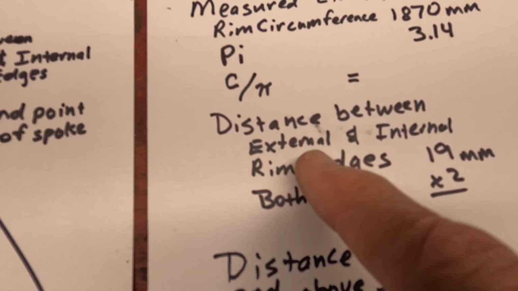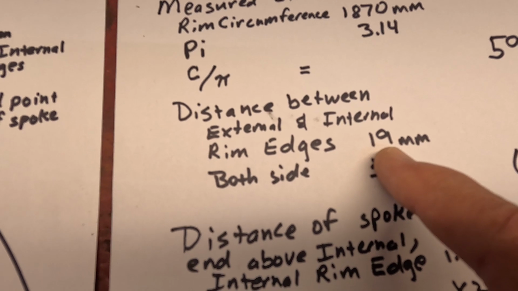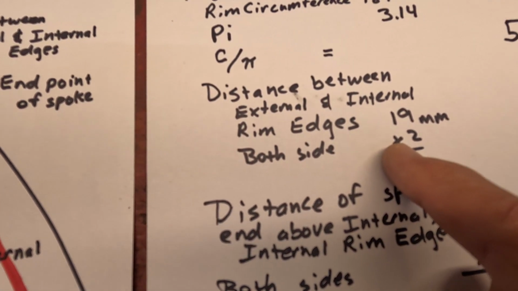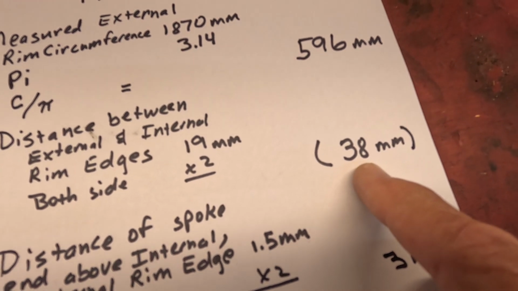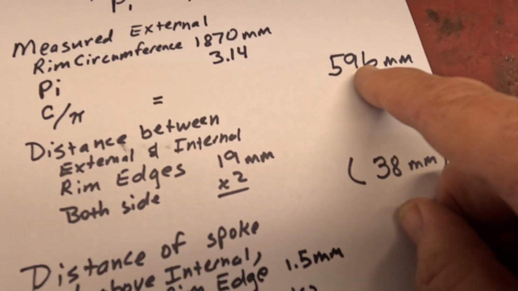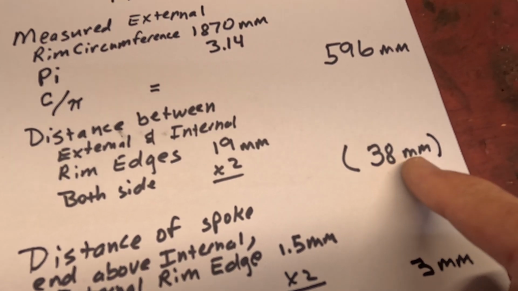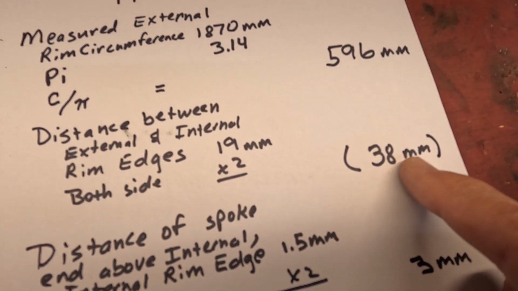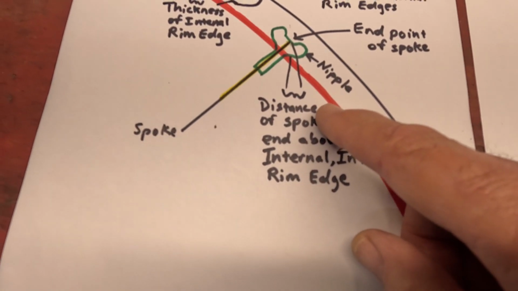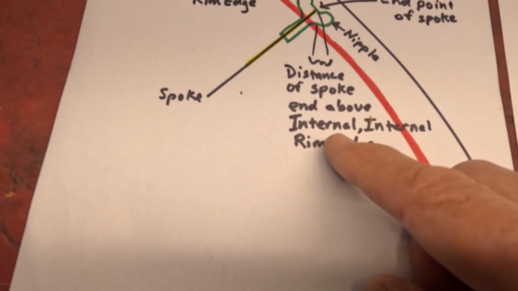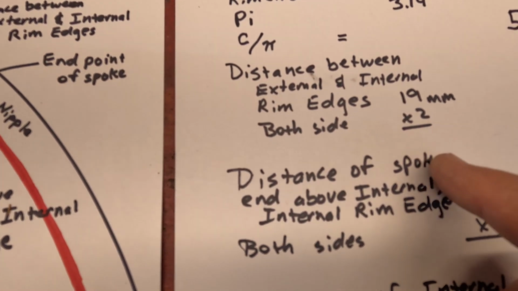And the distance between the external and internal rim edges is 19 millimeters. I need both sides, so that would be 38 millimeters. So when I subtract the 38 from the 596, I now would have basically the calculated distance between the internal rim edges, okay?